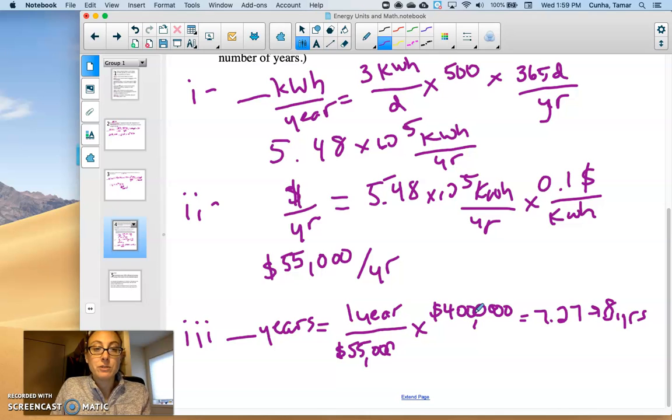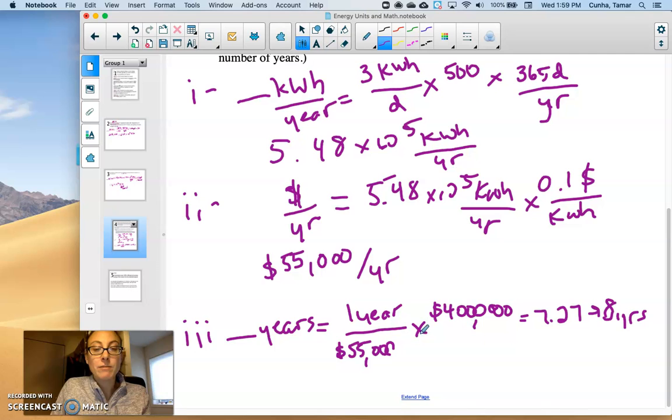Basically, you could interpret this by saying how many times does 55,000 go into 400,000? This is just showing you what the setup would be if you needed to think about units. You end up with something that's not a whole year, and so you should convert that into a full year. Because it takes more than 7, it's going to take you 8 years.